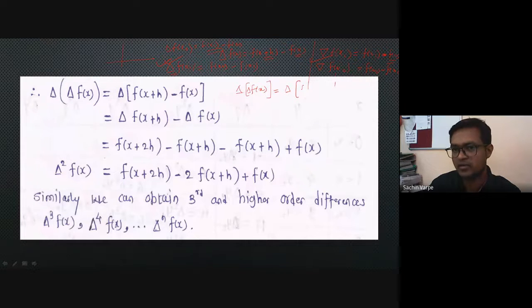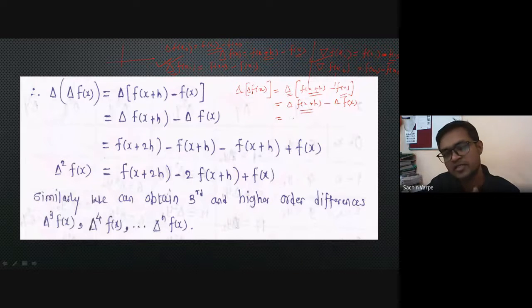Delta of f of x is f of x plus h minus f of x, right? And then again we operate this delta onto f of x plus h and f of x. So delta of f of x plus h minus delta f of x. Again, what is delta of f of x plus h? That would be one step ahead from f of x plus h, that is f of x plus 2h.